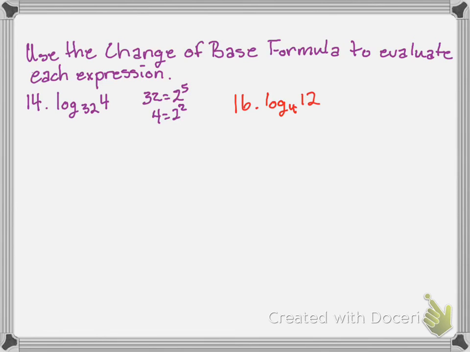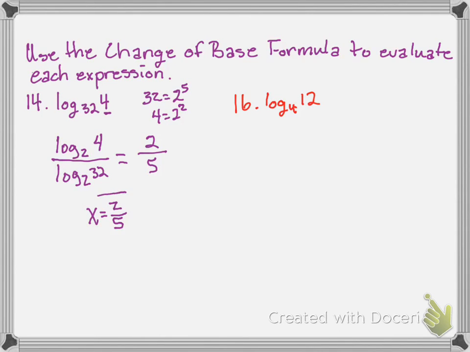So we're going to take log base 2, because we're using our common base, of 4, divided by log base 2 of 32. Log base 2 of 4 is 2, log base 2 of 32 is 5. So the answer is 2/5.